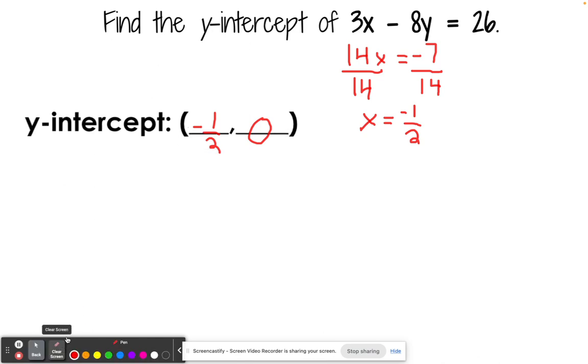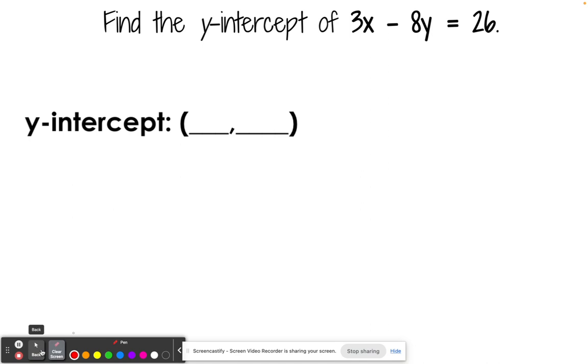I didn't clear my screen again. I'm so bad about that. So I want to find the y-intercept here. If finding the y-intercept, I make x 0. 3 times 0 is 0, so I'm left with negative 8y equals 26. Divide both sides by negative 8.